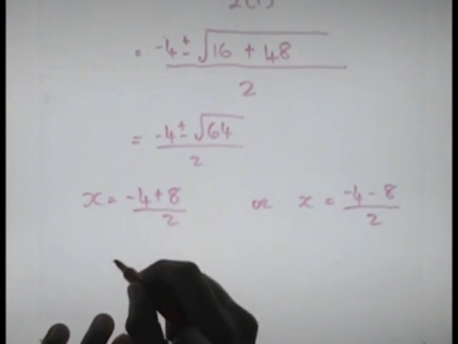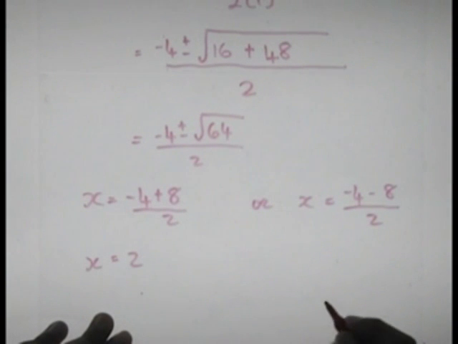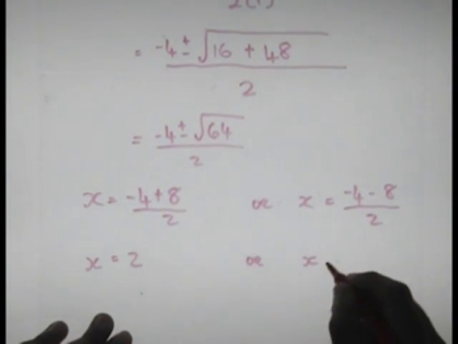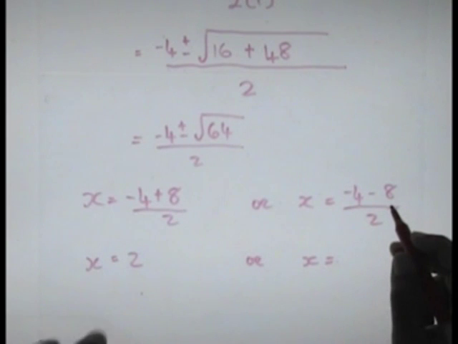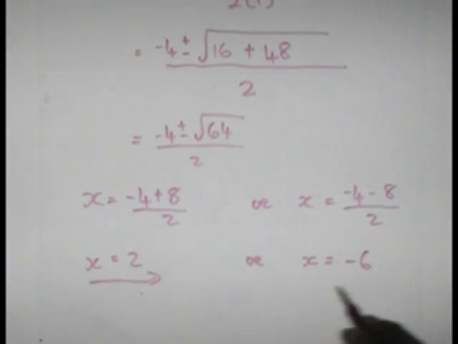Minus 4 plus 8 will give me positive 4 over 2, which is equal to 2, or x is equal to minus 4 minus 8, which is negative 12, over 2, which is negative 6.